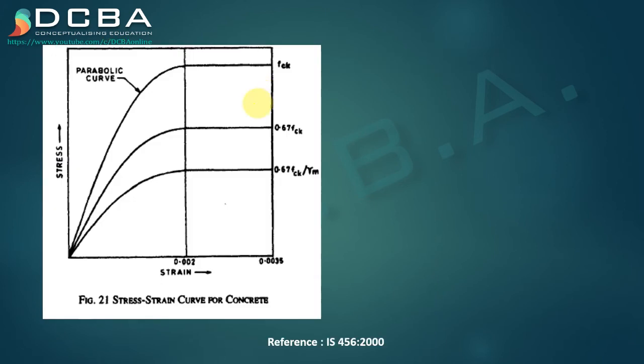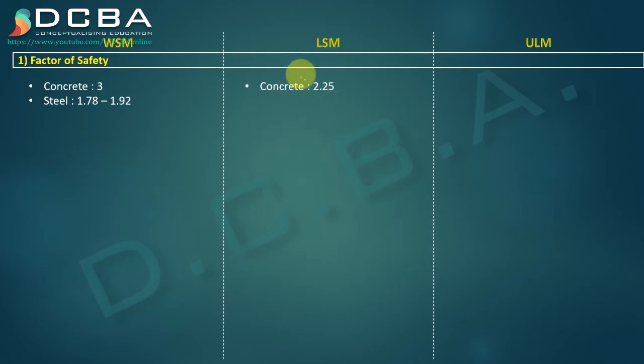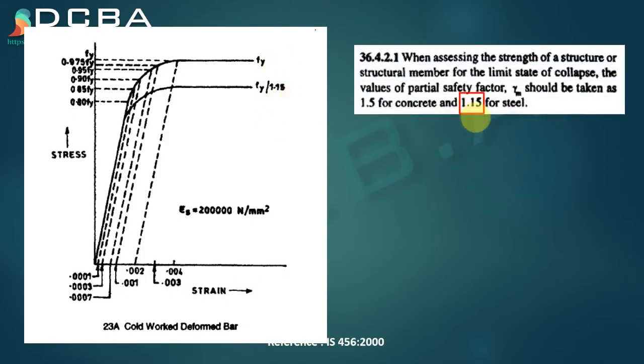In LSM, the factor of safety is 1.5, which is applied twice. So total is 2.25 for concrete. For steel, it is 1.15, again given in the clause 36.4.2.1.